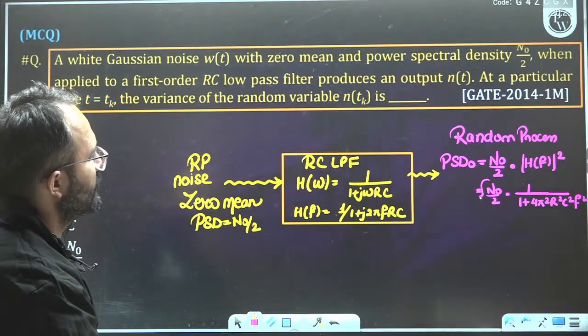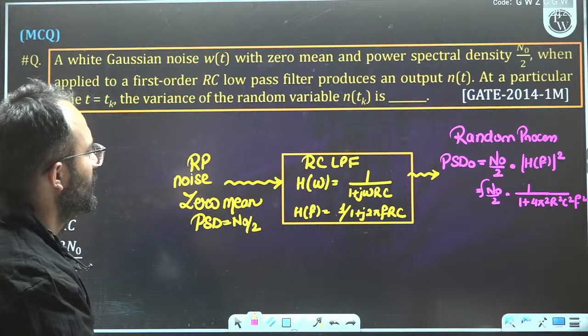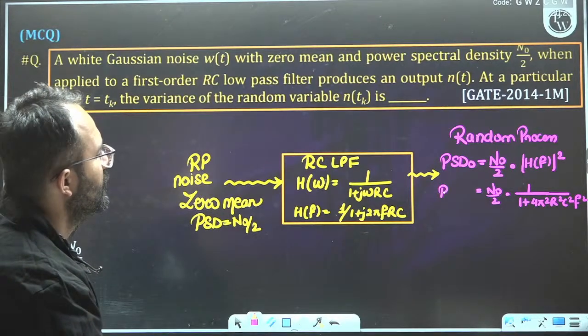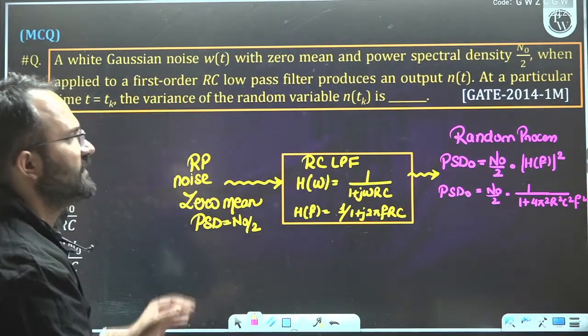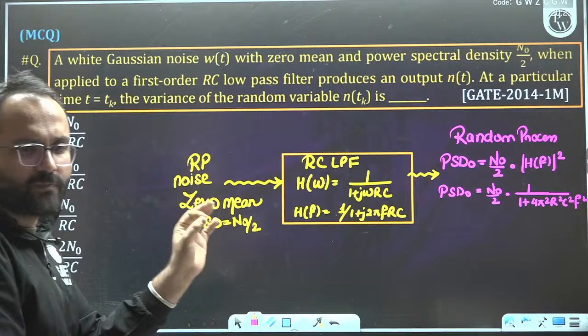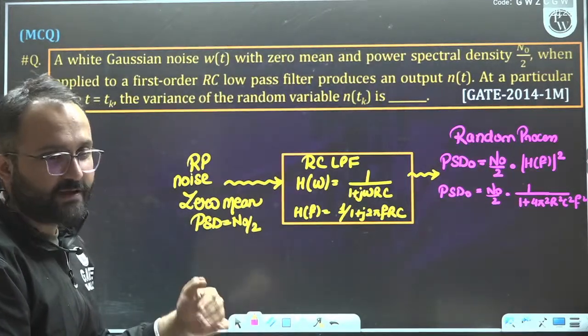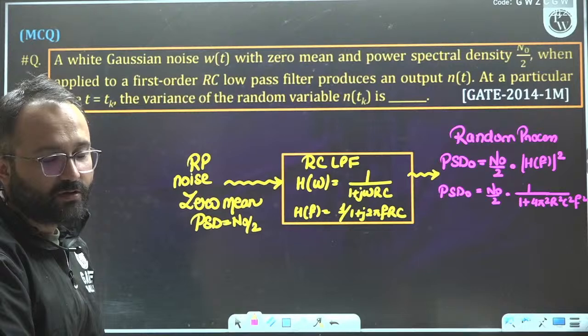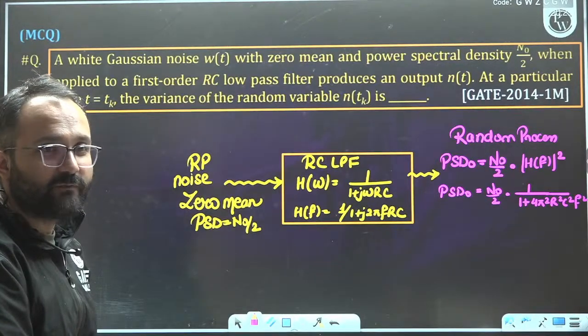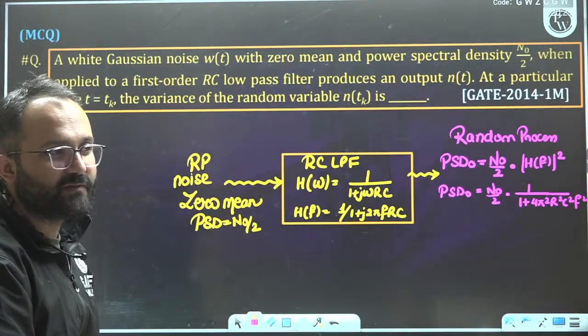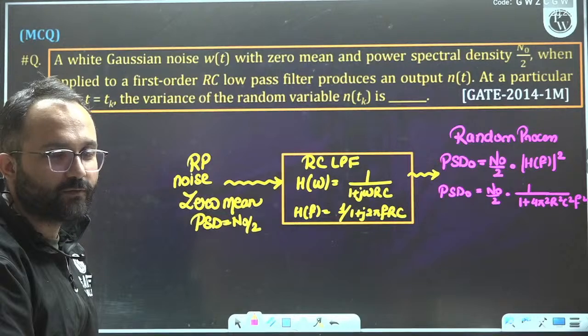Okay, this is what we get. Now friends, we sample the output random process, and we get a random variable. The random variable will also have mean equals to 0, right?